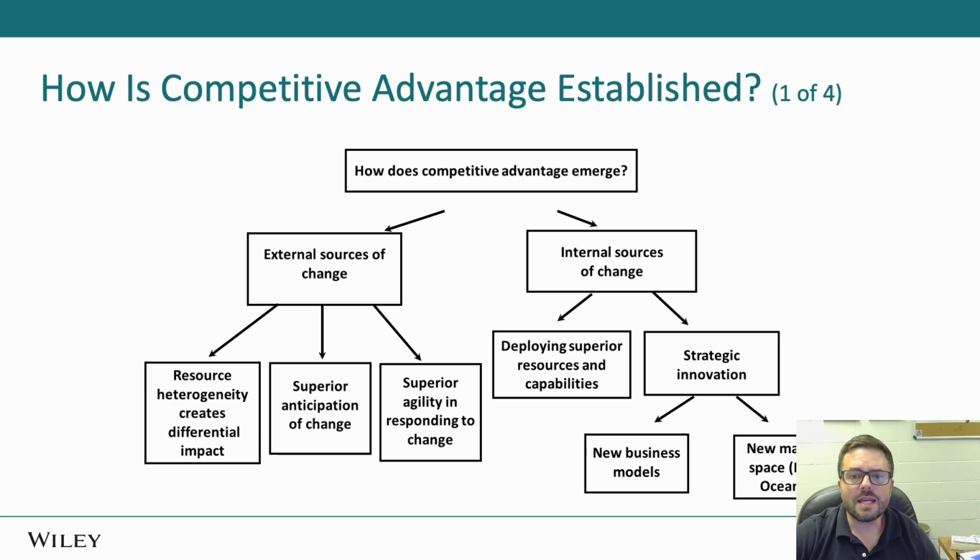So what we're going to look at today is how do competitive advantages emerge? Let's get into the nitty-gritty of this. To step back a second and ask, well, what does this question even mean, and why are we asking it? Well, this goes back to classical economics.